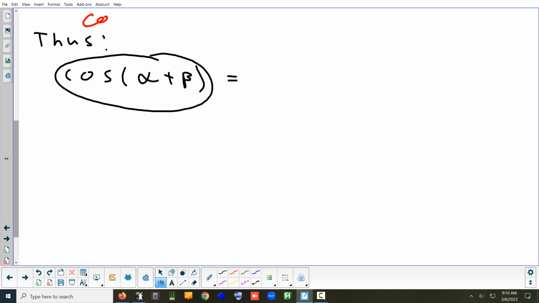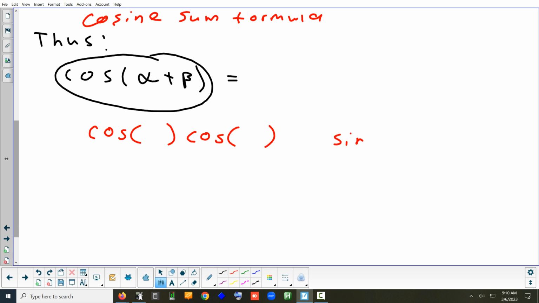So this is the cosine sum formula. Still cosine, cosine. Still sine, sine. Still first, second for the angles.